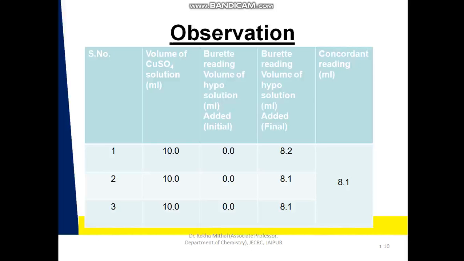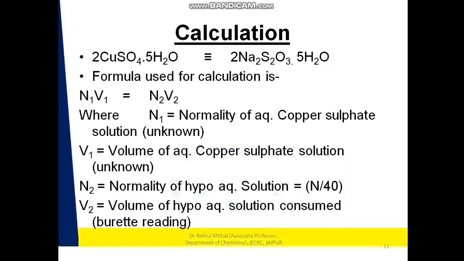Now we'll do the calculation. Copper sulfate solution is equivalent to sodium thiosulfate solution. The formula used for calculation is, as we know, the normality equation N1V1 equals N2V2, where N1 is the normality of aqueous copper sulfate solution, which is unknown.